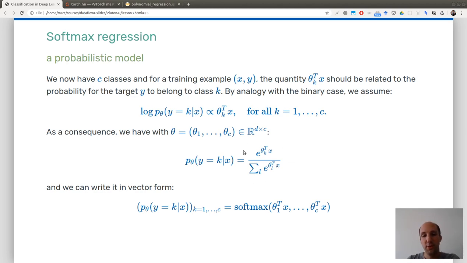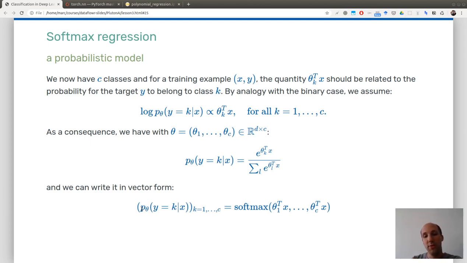So this function is called the softmax function. Why is that? It's because if all the theta here are high, you see that this softmax function will concentrate on only the maximal x. So this is a soft version of the max.